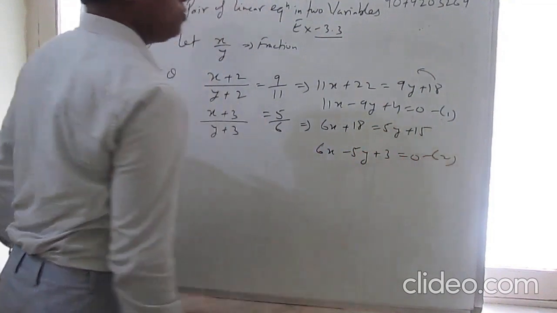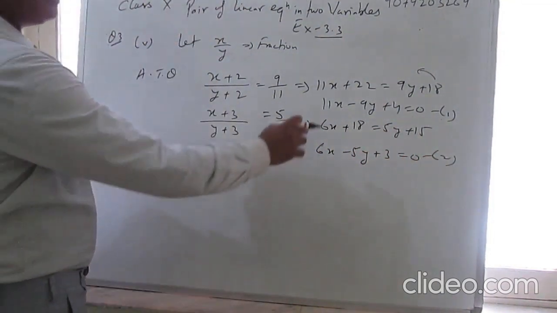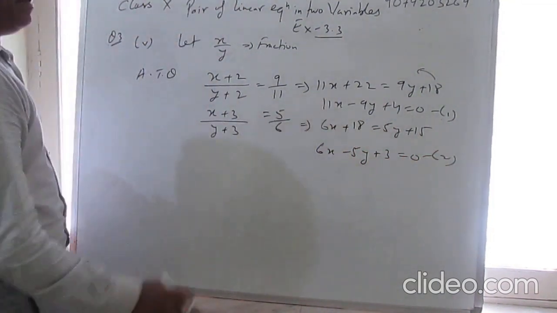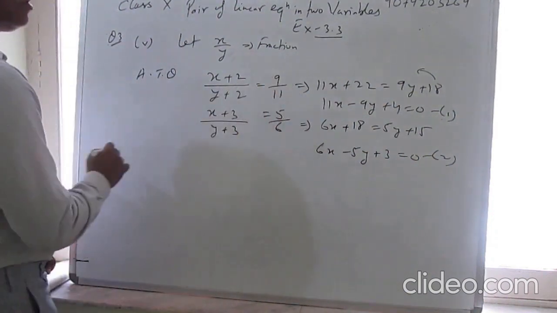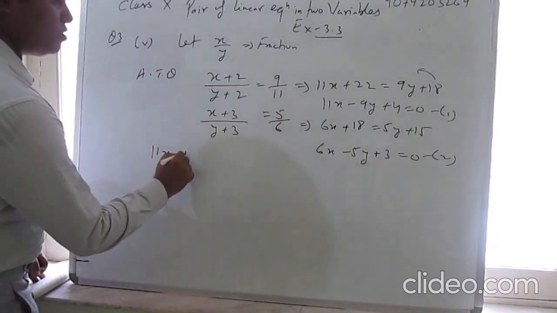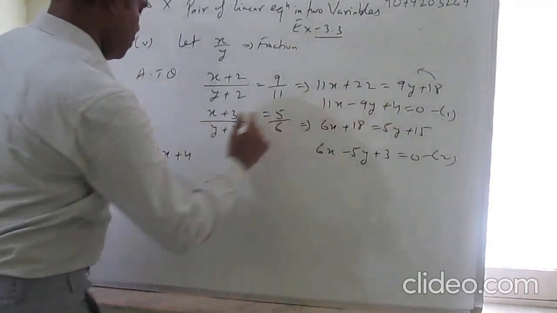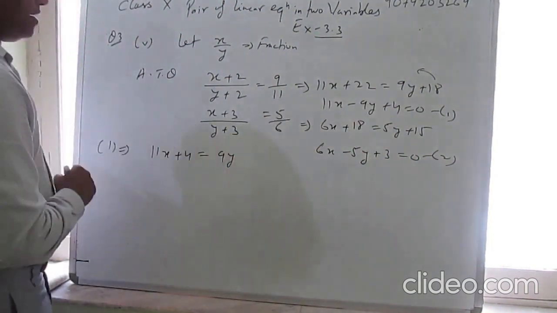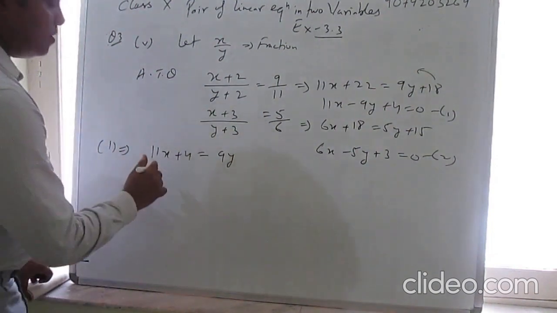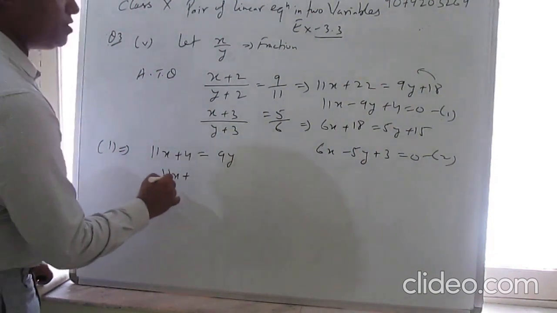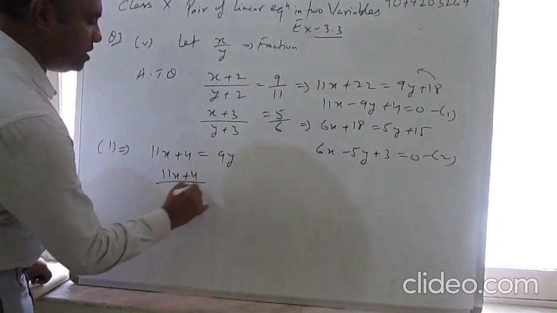This is equation 2. So what is the value of y from 1? So 11x plus 4, 1 implies 11x plus 4 is equal to 9y. So 11x plus 4 upon 9 is equal to y.